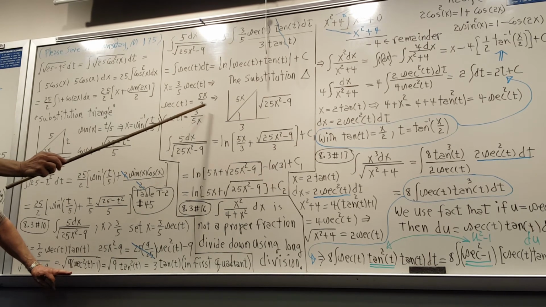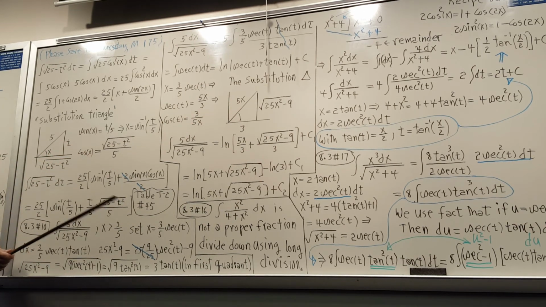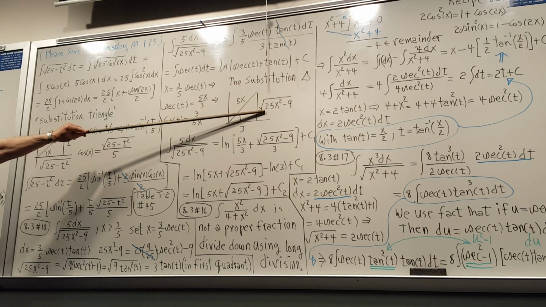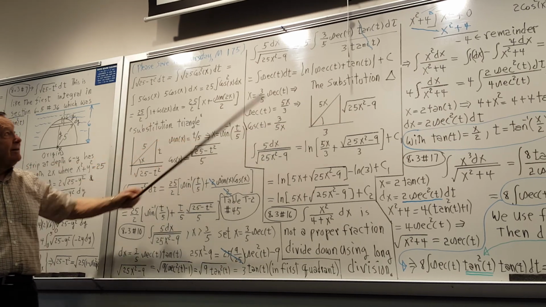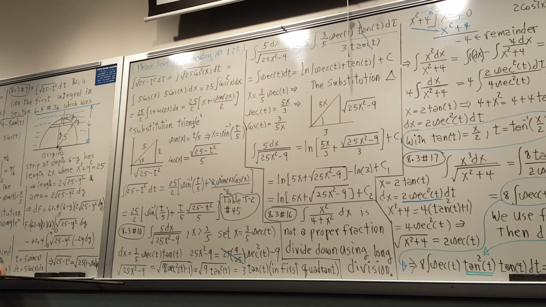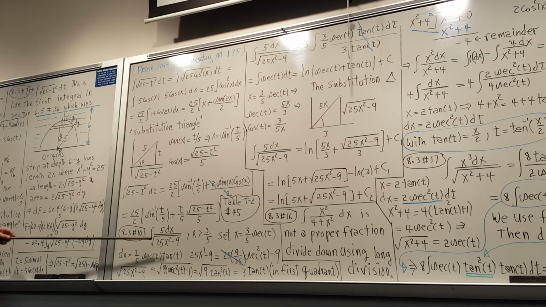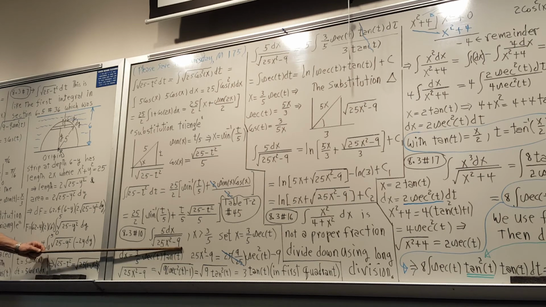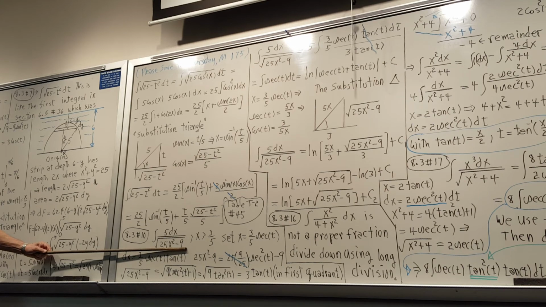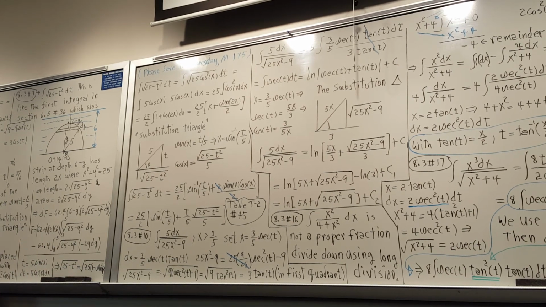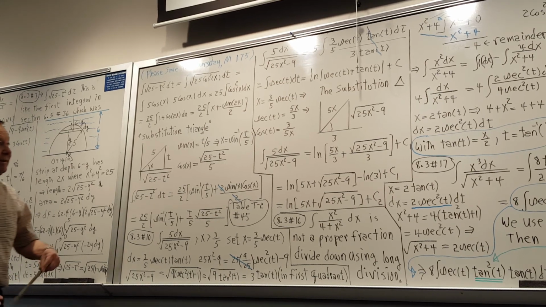So I make my numerator the side adjacent, and my denominator is the hypotenuse. And then I do the law of Pythagoras for the third side, and sure enough, that third side is this same square root that we were doing all of this substitution game to try and get away from. It always comes back to you as the third side of this substitution triangle.